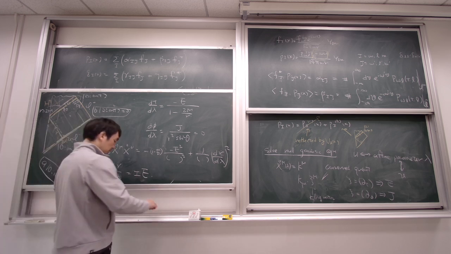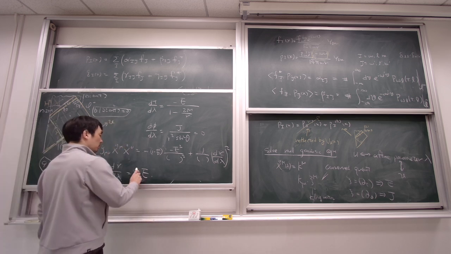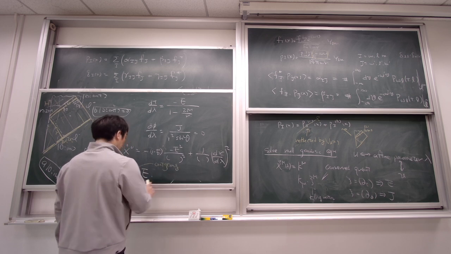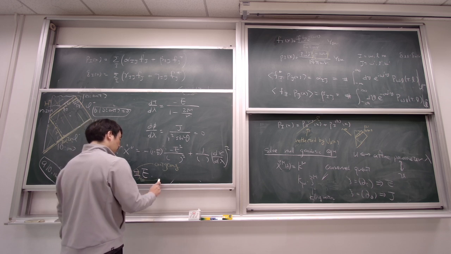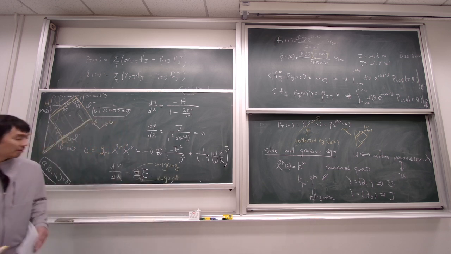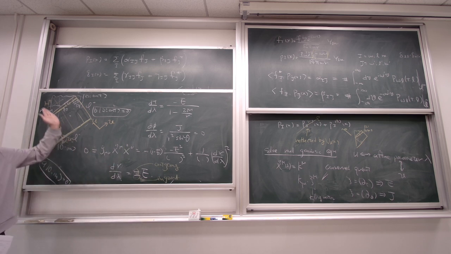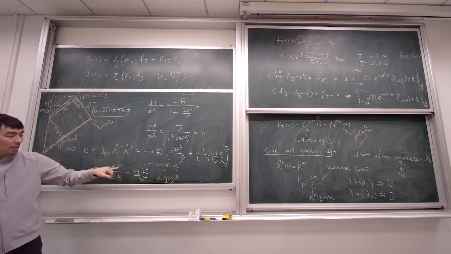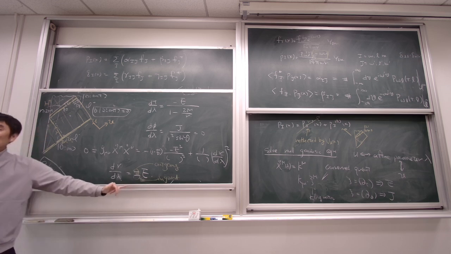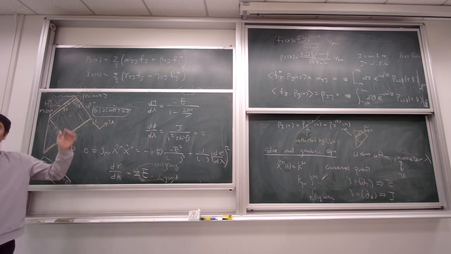Plus is outgoing, minus is ingoing. If r is decreasing, it is ingoing; if r is increasing, it is outgoing. That's very obvious.